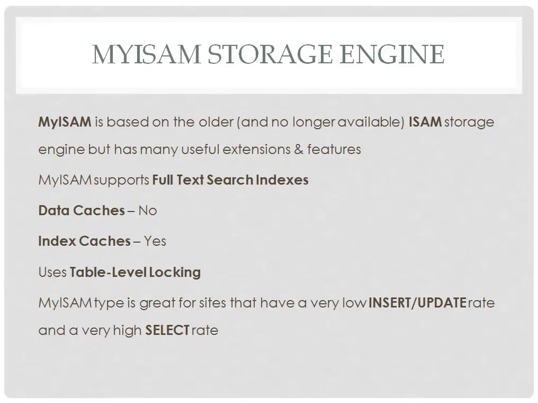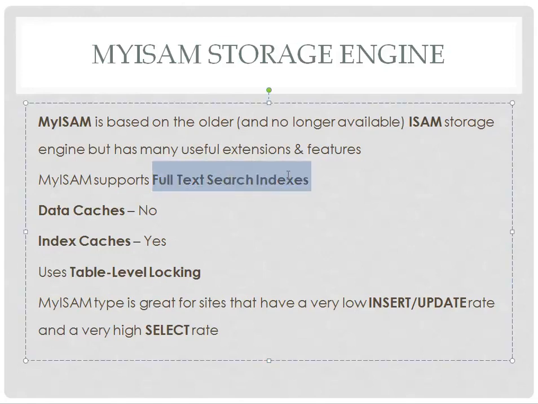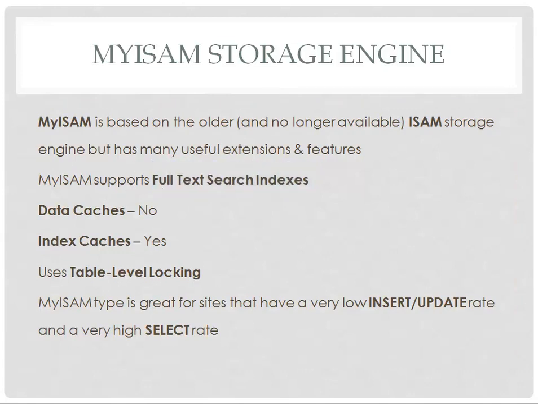Like I said, this was the default table up until MySQL 5.5.5. It supports full text search indexes. What full text search allows us to do is take a phrase or a word or a letter, and match it up against a certain table column. So basically, it can be used as a website or application search tool, which is really nice.